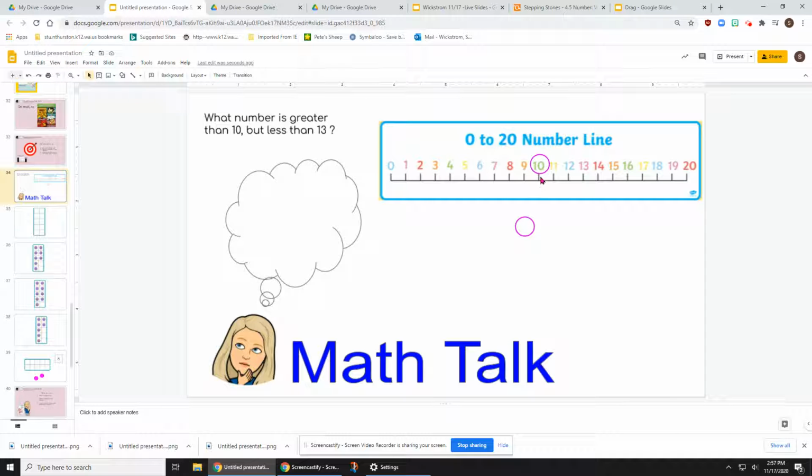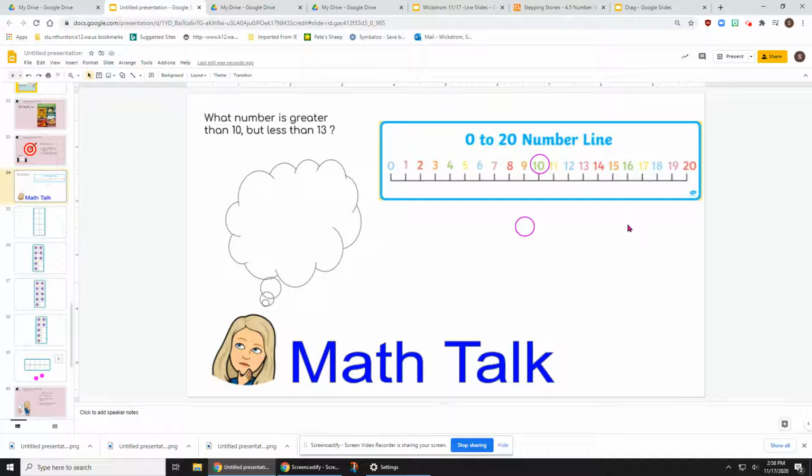The numbers that come after 10 are greater. So we know it has to be one of these. Anything after 10 is greater: 11, 12, 13, 14, 15, 16, 17, 18, 19, and 20. These are more than 10.